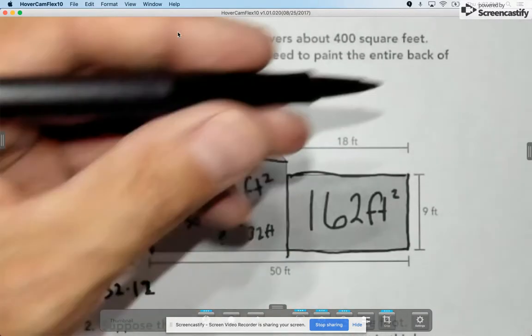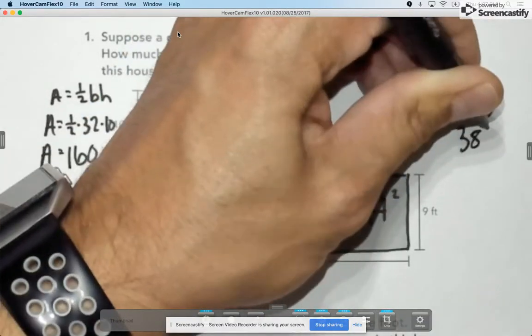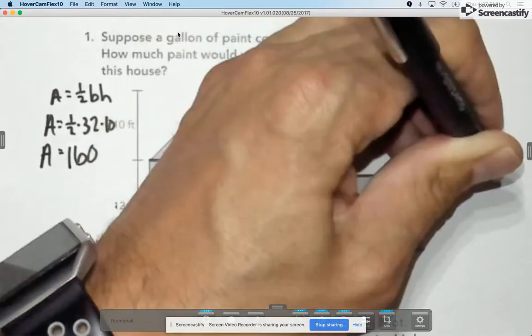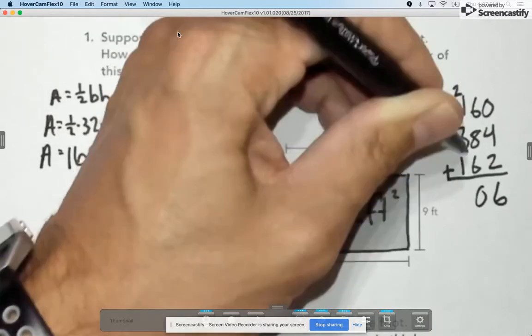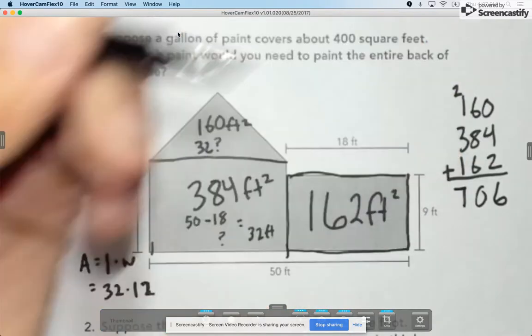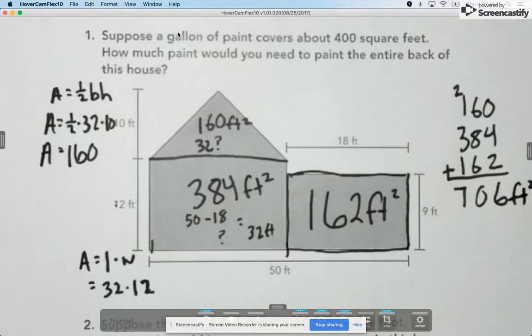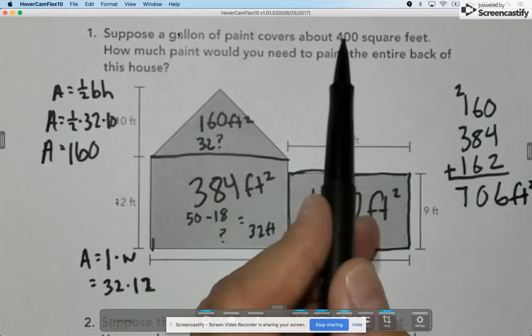Now I would add all three of them up, and I get a total of 706 feet squared.